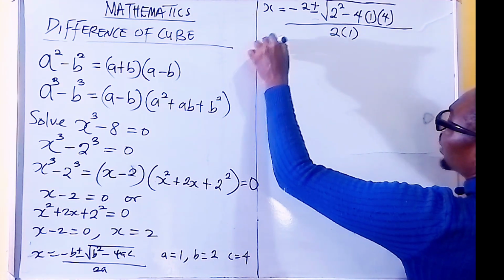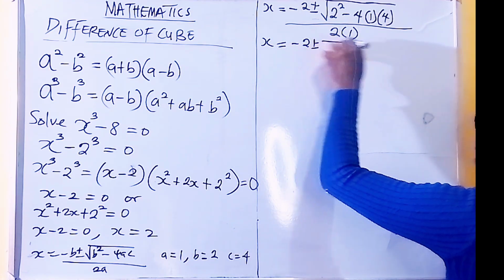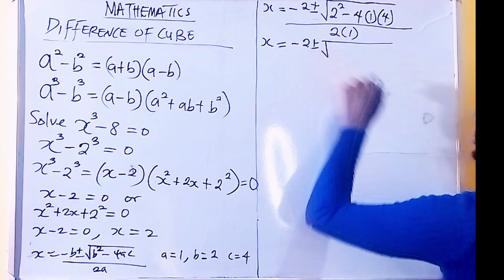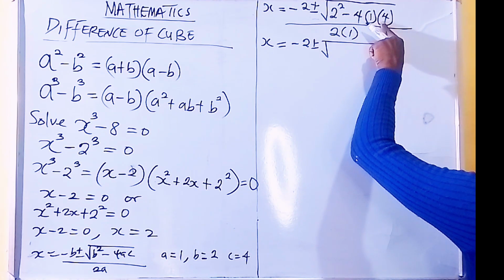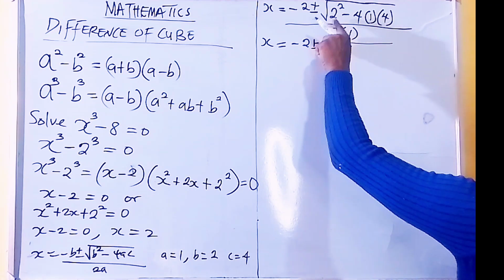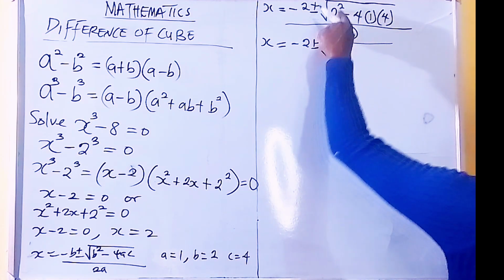So at this point, we have x now is equal to minus 2 plus or minus square root of. Now, 4 times 1 times 4 is 16. 2 square is 4.